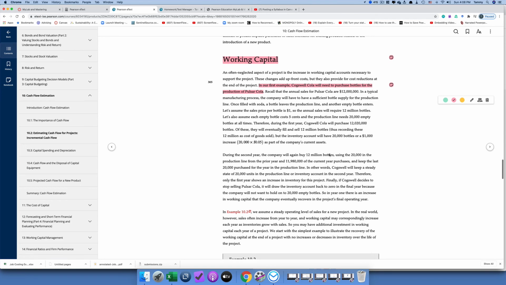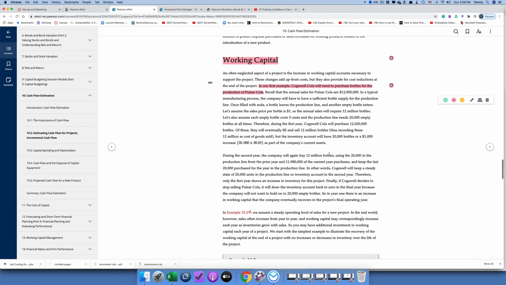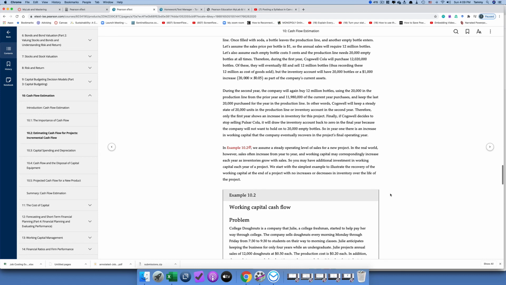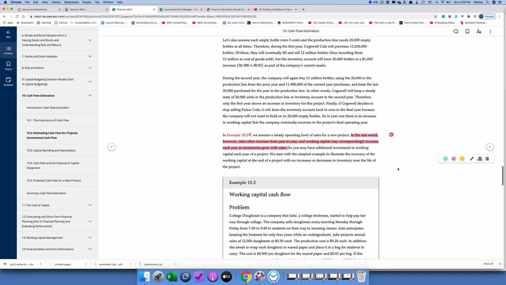And again, this is the kind of thing that probably is going to make more sense when you go through it in the example. In the real world, sales, you hope, will increase from year to year, and working capital needs are going to increase each year as inventories grow. And so you may have an additional investment in working capital each year of a project.